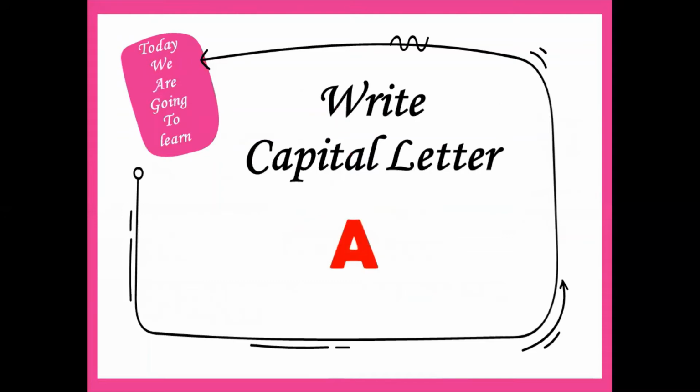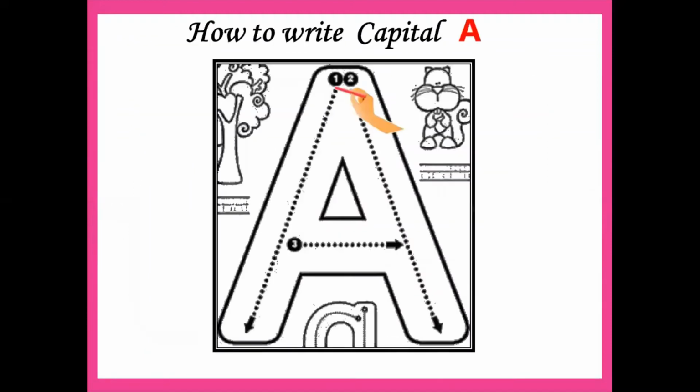So today we are going to write capital letter A. So how to write capital A? Okay, we have here 2 slanting lines and 1 sleeping line. Okay, kids? So we'll start from top.